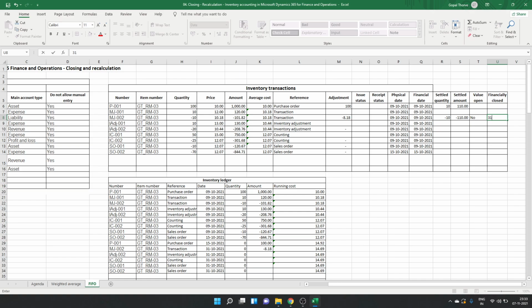So this is financially closed. We are still in process. We are not marking this first inward transaction as financially closed, because it is still pending to be settled against the rest of the transactions.